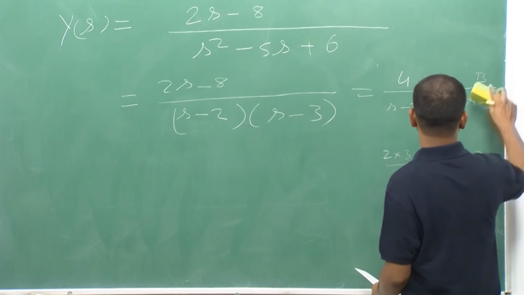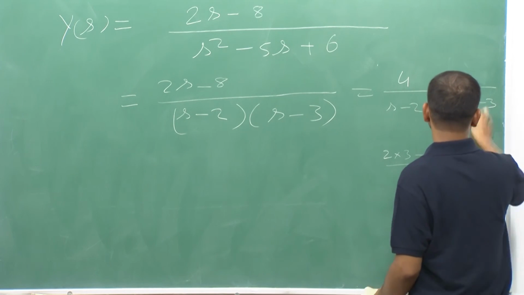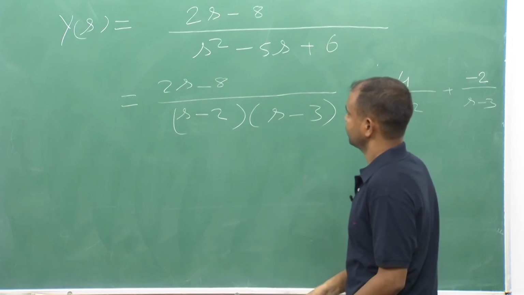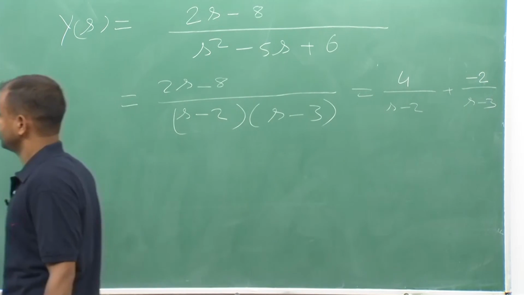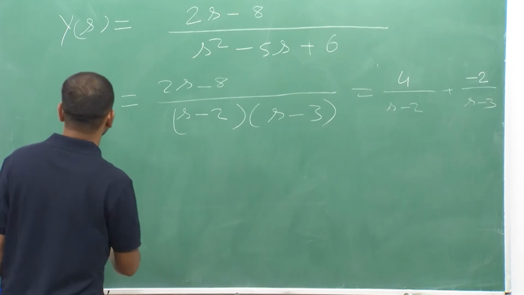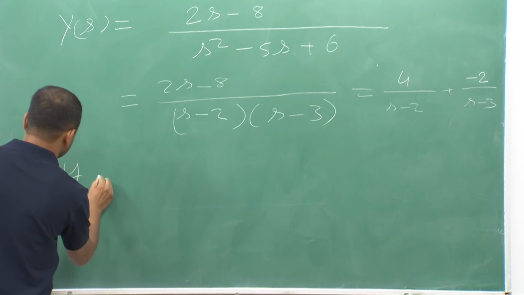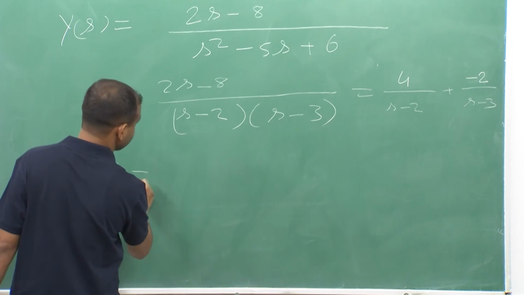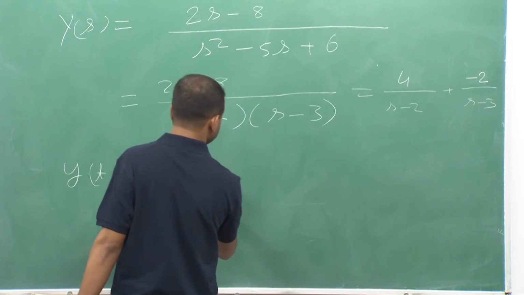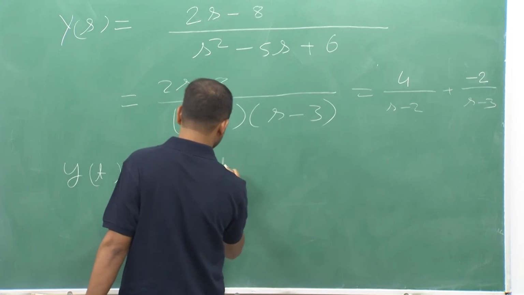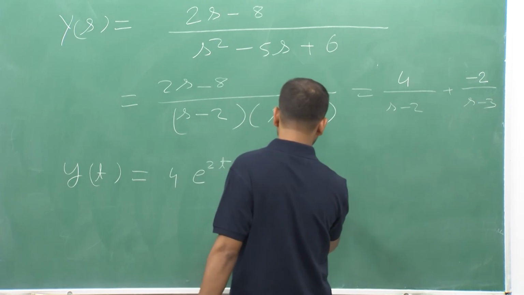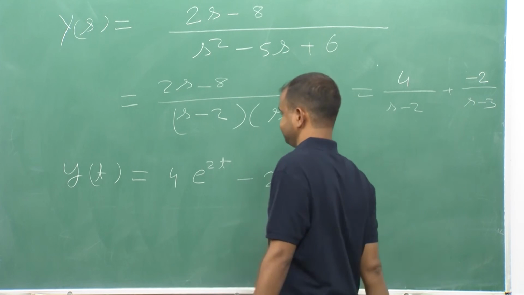So, this will be minus 2. So, this is my expression for the y of s, and the next part is what is y of t. So, if I take the inverse Laplace transform, I will get y of t is equal to 4 e to the power 2t minus 2 e to the power 3t.